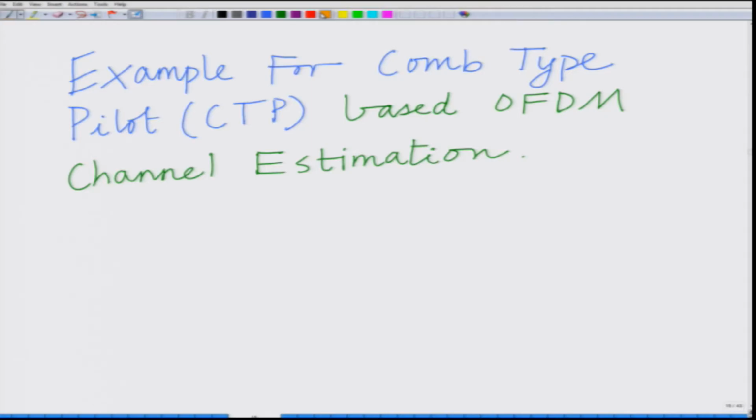Alright. So, we will consider again, we will start by considering an N equal to 4 subcarrier system. Okay.